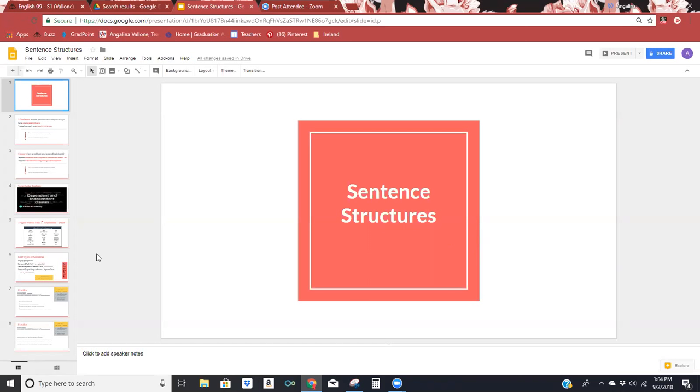So they're the same skill, but I've added a couple things into my PowerPoint so that this is a slightly different video, and I'm hoping it's going to help students understand this a little bit more. I've added a video and a couple more graphics, and I'm going to get started defining items and going over what sentence structures are.